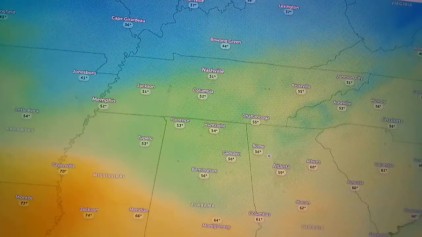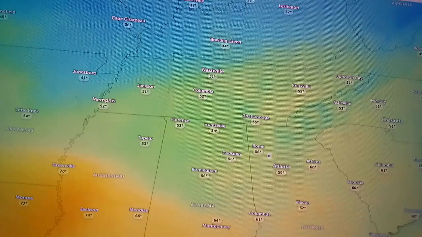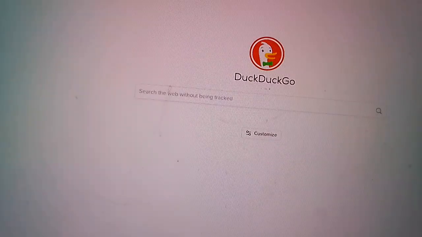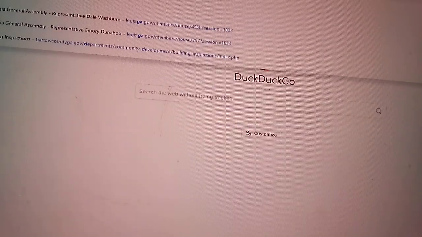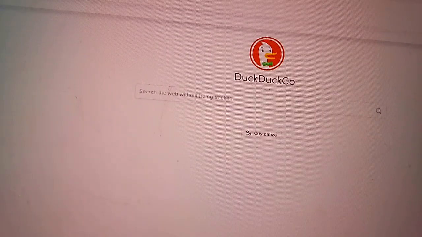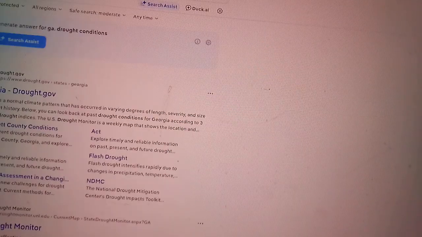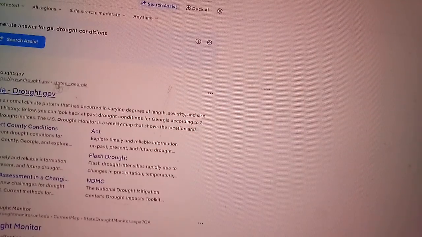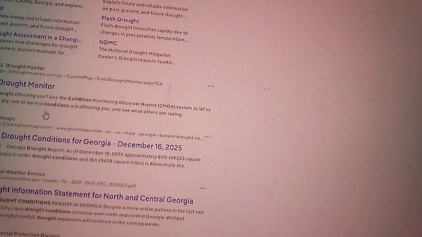Whoops. Let's see. Let's go to this real quick. I forgot to pull this one up when I was doing this. U.S. Drought Monitor.